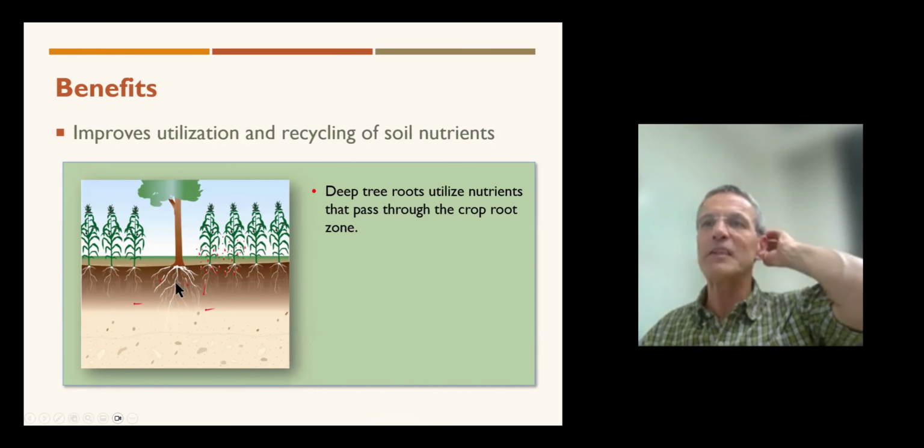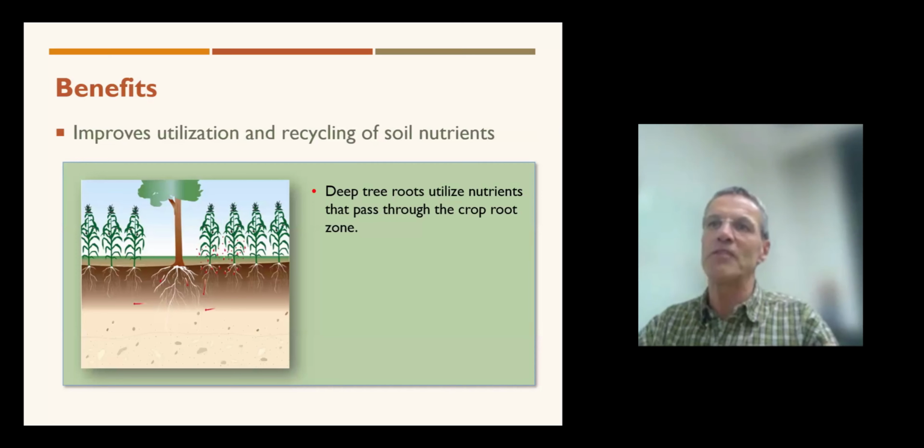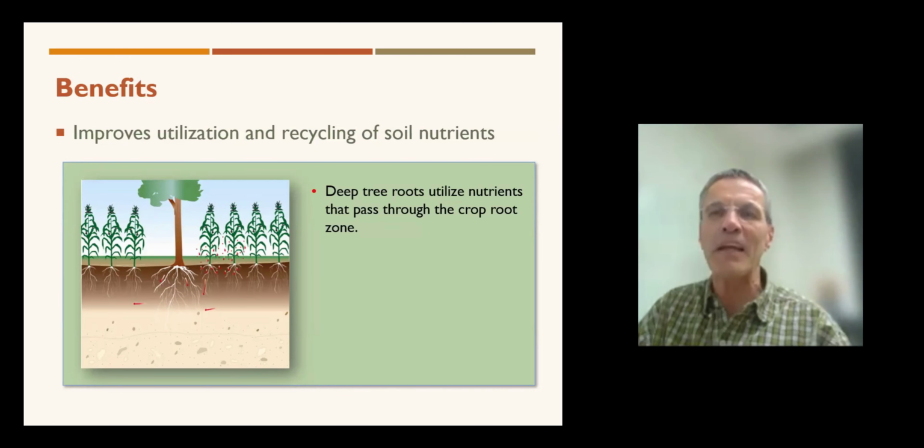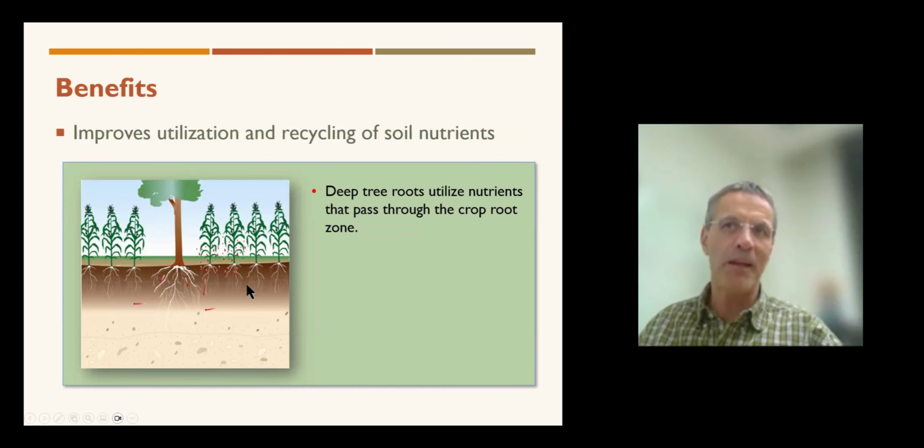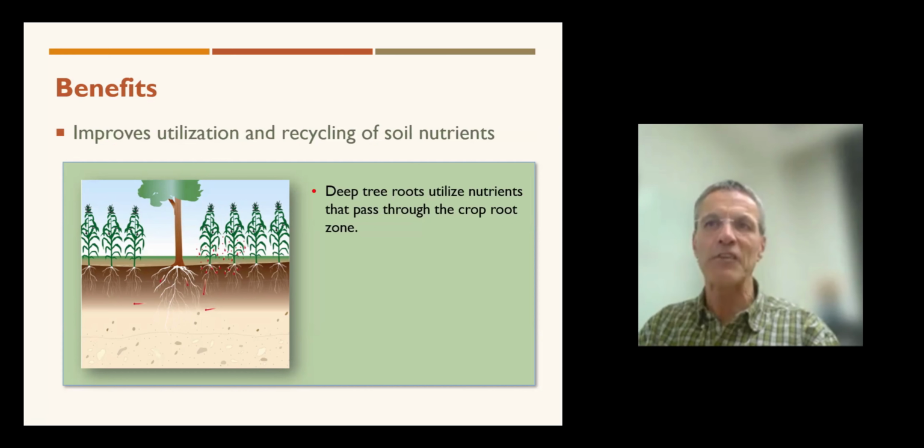You have these deeper roots, and when you have them, they can pick up any nutrients that were applied to the crops that would otherwise get lost. Especially when you think about nitrates, a lot of farmers are using nitrogen fertilizers that contain a lot of nitrates. Nitrates are not held very well in the soil.